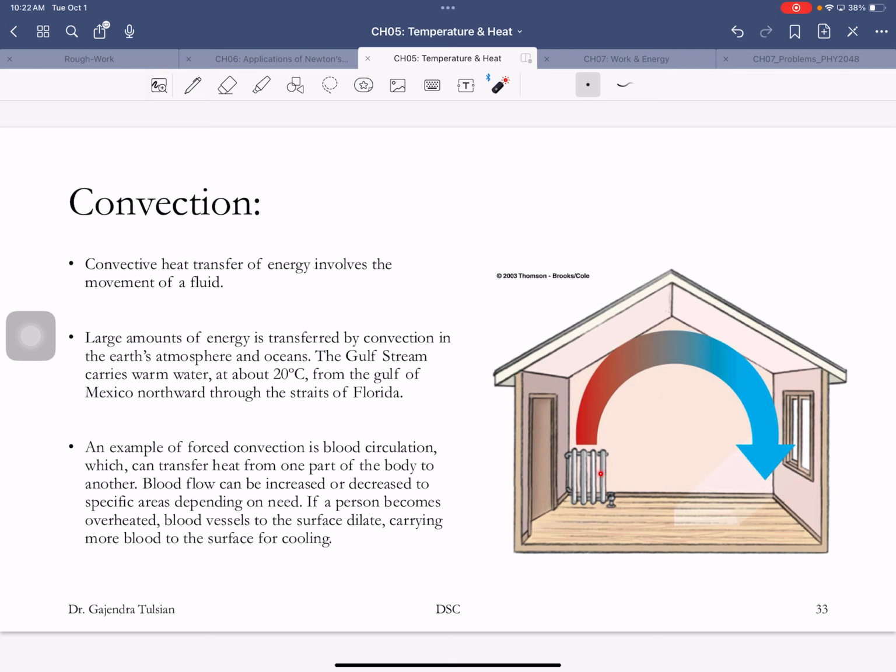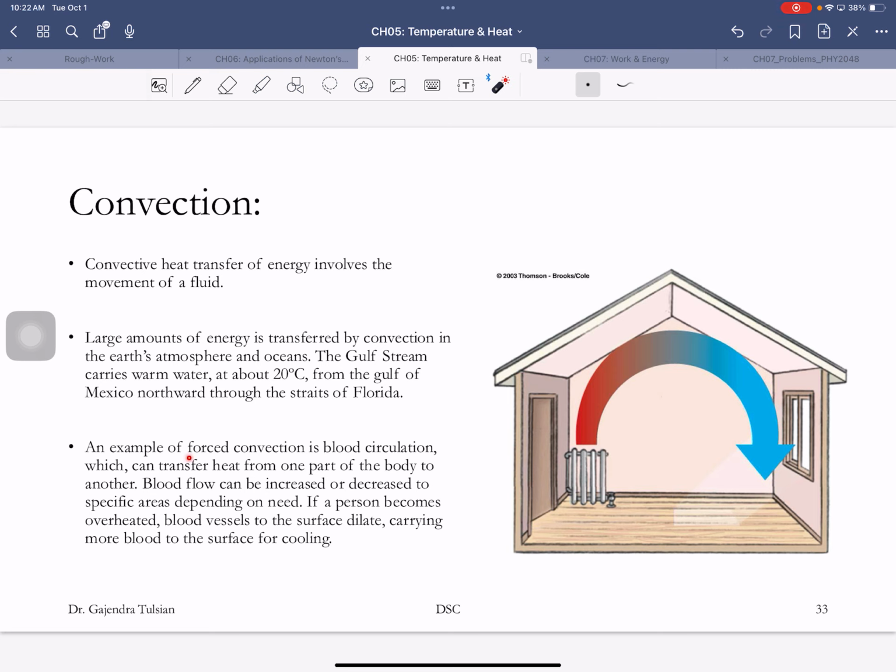That gets warm, and so you set up this cycle. And eventually the entire room gets warm. So that's convective heat transfer. In convective heat transfer, fluid actually flowed. Fluid was transported and transported heat.